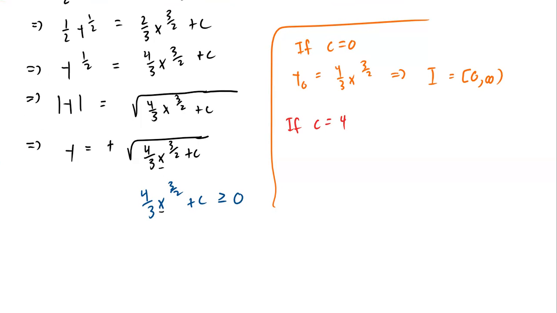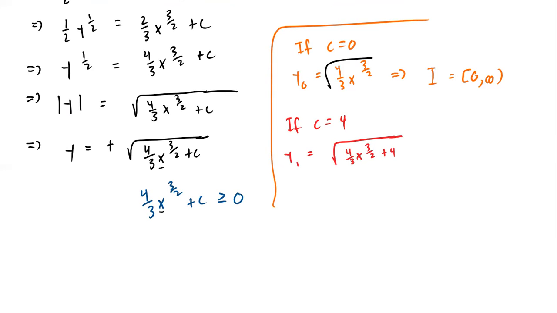So if I choose c to be 4, and I call this solution y1. Oh, and I needed a square root here, sorry. So I write y1, right, with c equals 4. So now I get a solution, 4/3 x to the 3/2 plus 4. And of course, the square root of that. Now, what's the interval of definition for this?